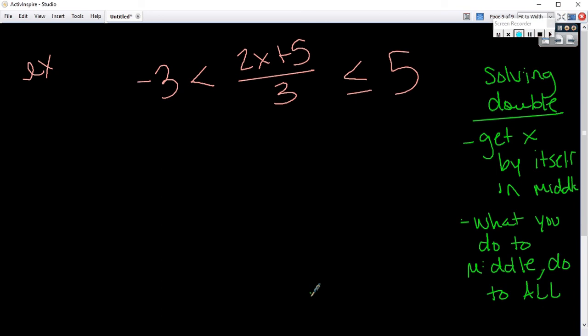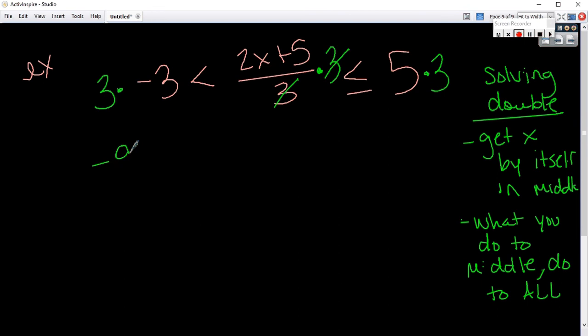So in other words, looking at the middle, what's my first step to get x by itself? What do you do? Right? We all agree with that? That's going to get rid of this 3 on the bottom. But I have to come here and do it. And I have to come here and do it. And the same rule applies. If that had been -3, both of those signs would have flipped the other way.